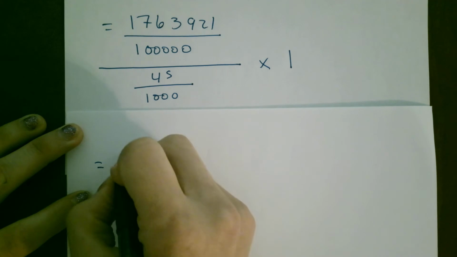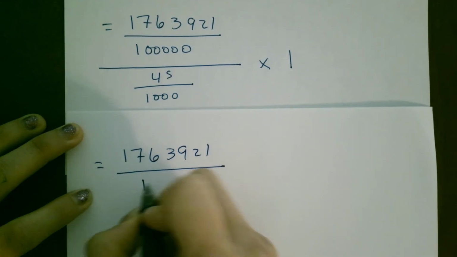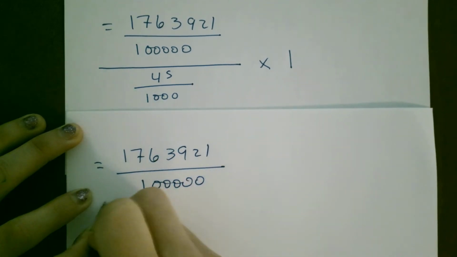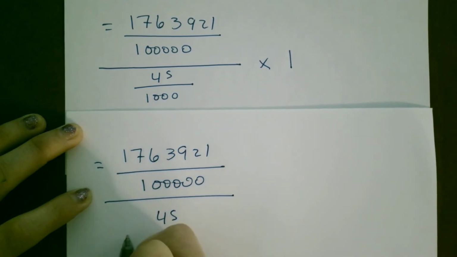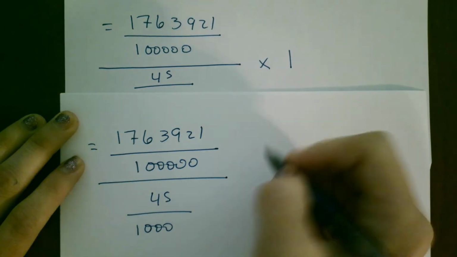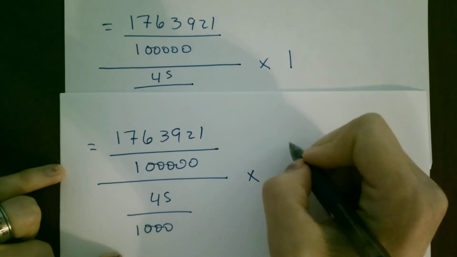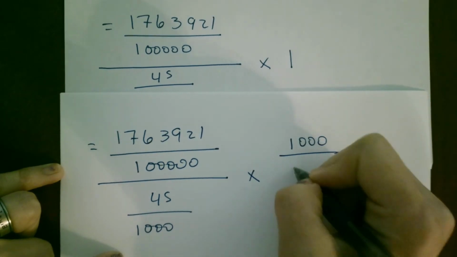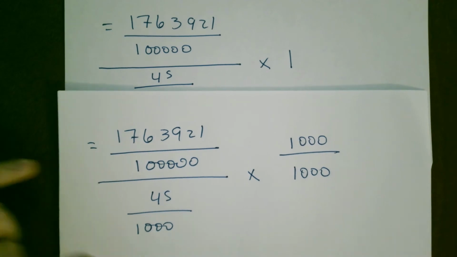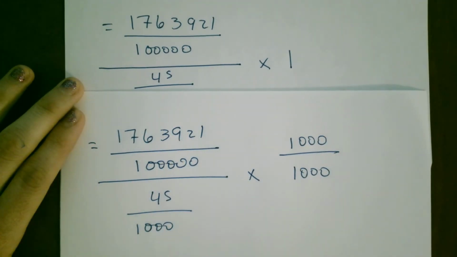My first fraction stays the same, 1,763,921 over 100,000, and rewriting 1 as an equivalent fraction with a denominator of 1,000 would be 1,000 over 1,000. And now this is just multiplication of fractions, top times top, bottom times bottom.